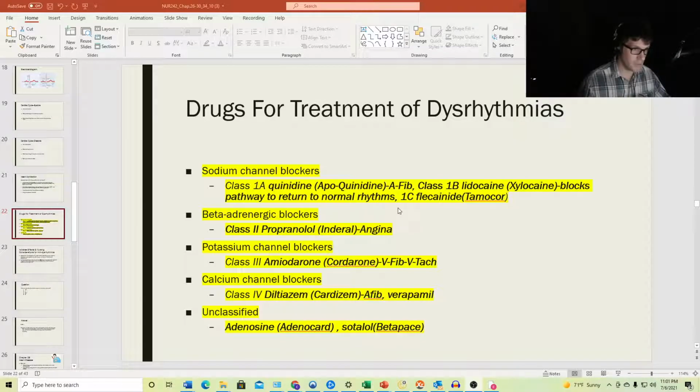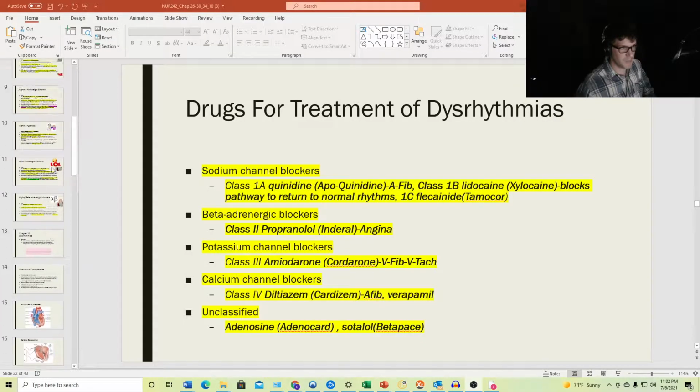So there you go. Beta blockers are class 2. We've already talked about them last video in hypertension. Class 2, propranolol. It's used when we have angina, so chest pain. That chest pain is coming from an occlusion of the cardiac arteries, usually on exertion until it gets really occluded.